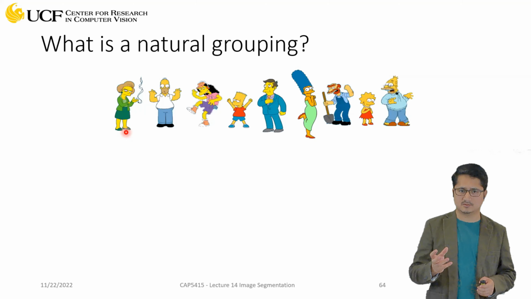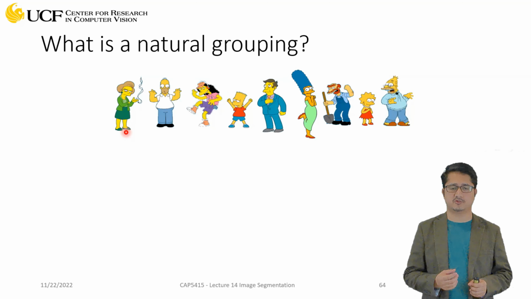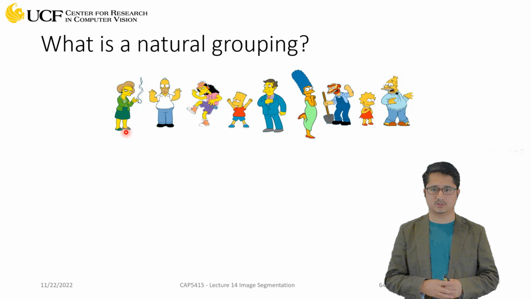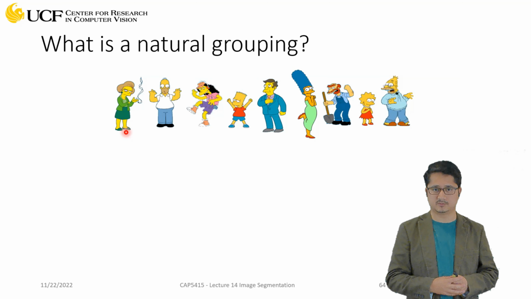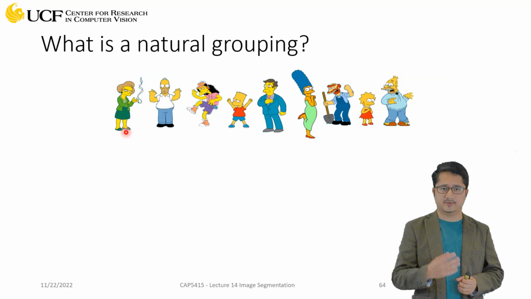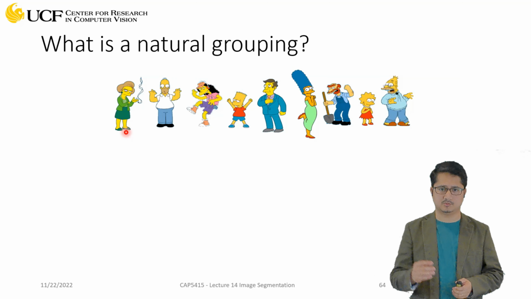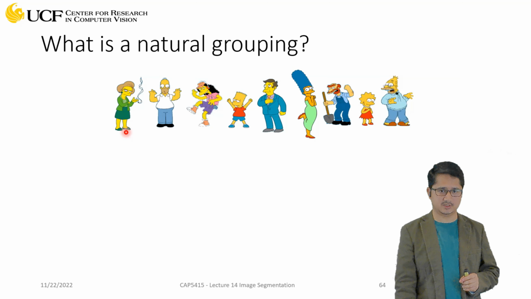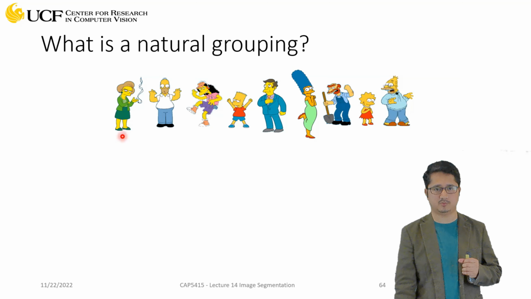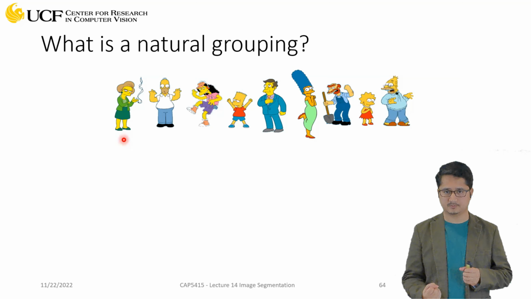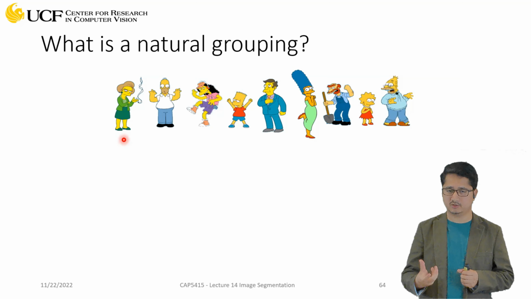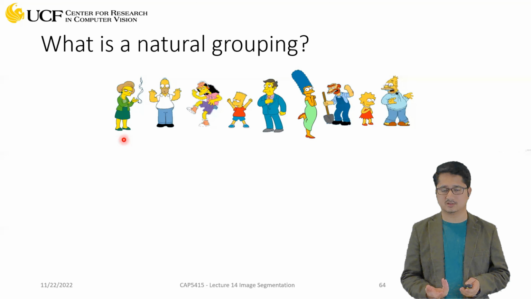Now, let's see some simple examples to try to understand what clustering will do for different kinds of problems. Again, it depends on your objective. For example, we have all these characters from some comic, and each of these individuals is a sample point. Now you have to solve some kind of clustering problem, and depending upon your objective, your clustering results will be different.